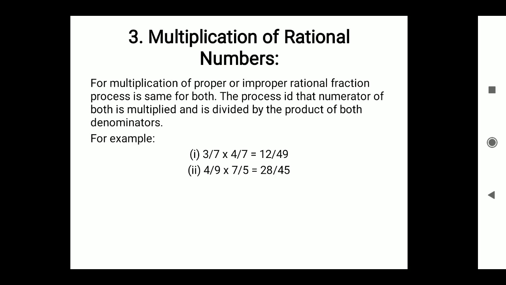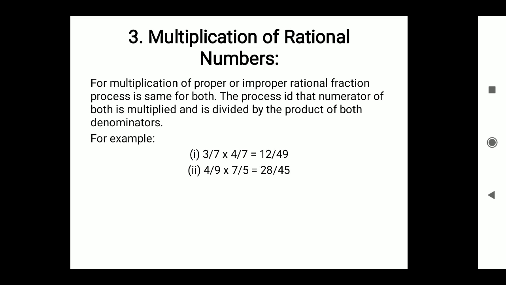For multiplication of proper or improper rational fractions, the process is the same for both cases. The numerators of both are multiplied and divided by the product of both denominators, like 3 upon 7 into 4 upon 7, that is 12 upon 49.